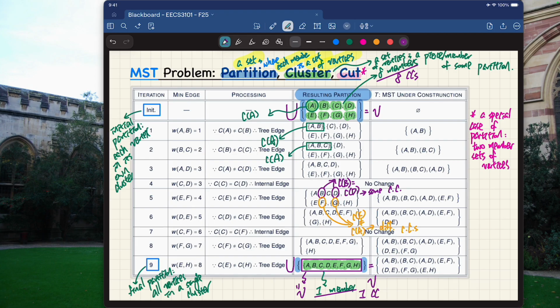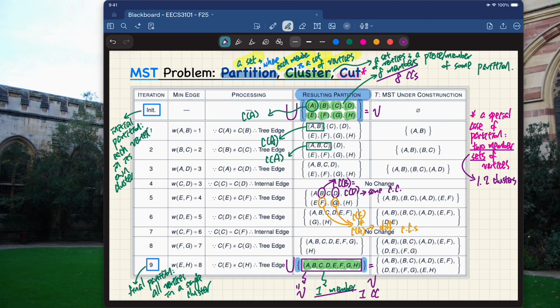There are 2 cases I want to show you. When we say 2 member sets, it may be that these 2 member sets just happen to be 2 clusters, but in general it may not be. So it could be that these 2 member sets are exactly 2 clusters.